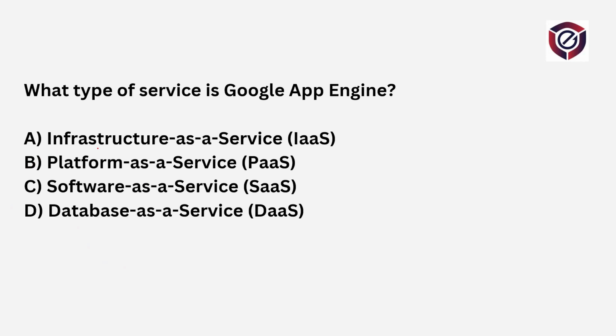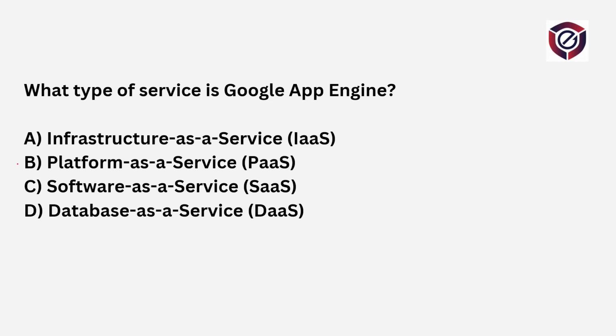What type of service is Google App Engine? We all know Google App Engine. We can host or deploy our sites and develop some sites. It provides a kind of platform where we can develop and deploy. As I told in previous questions, whenever it comes to develop and deploy, it is always related to platform as a service.